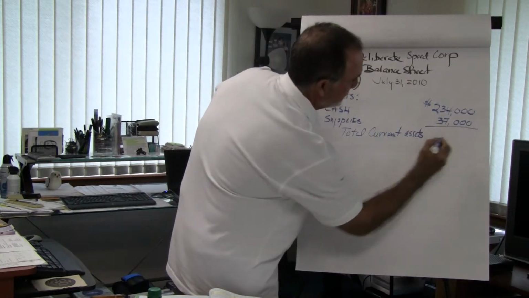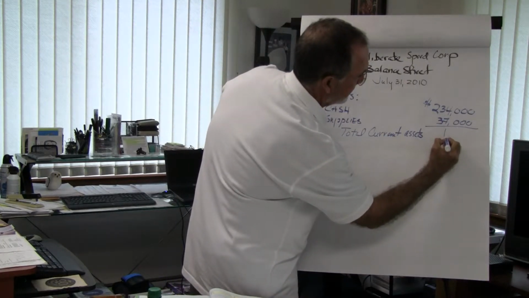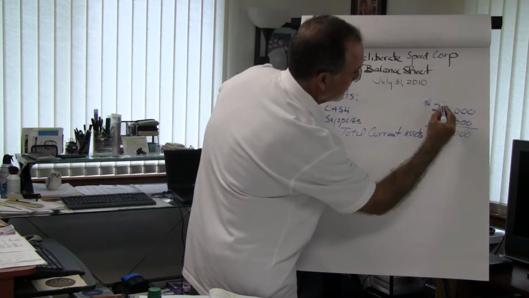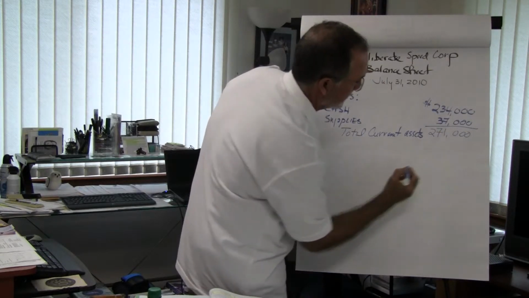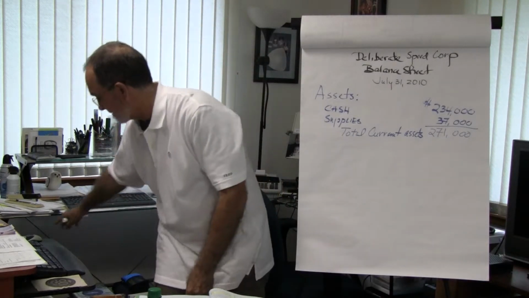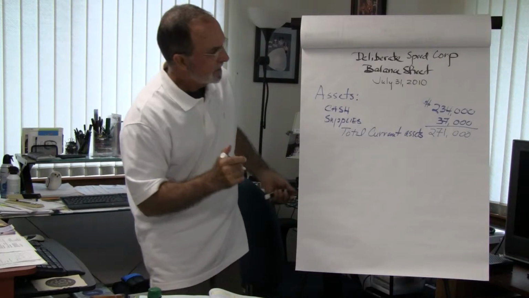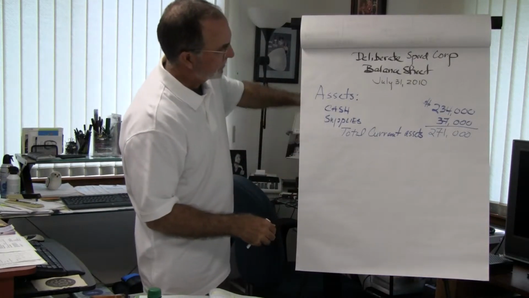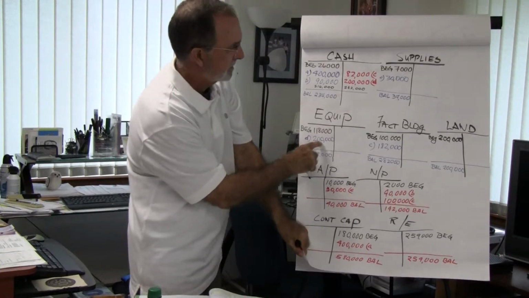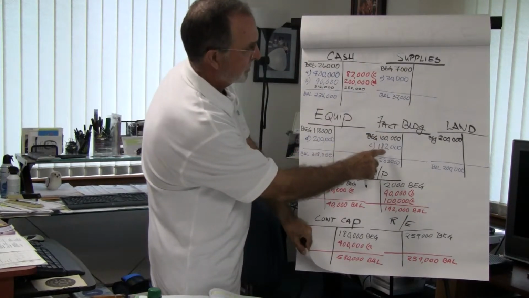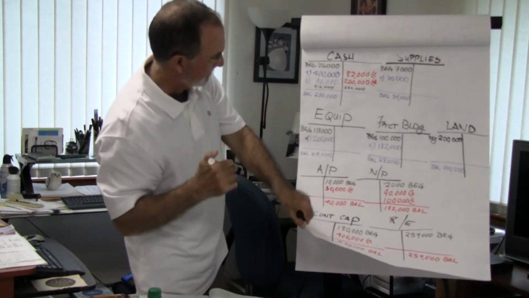So we get a total for our current assets, $271,000. And then we add our equipment and factory building and land in that order, again based on liquidity.